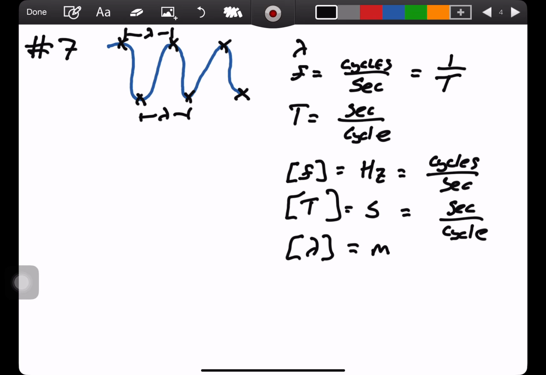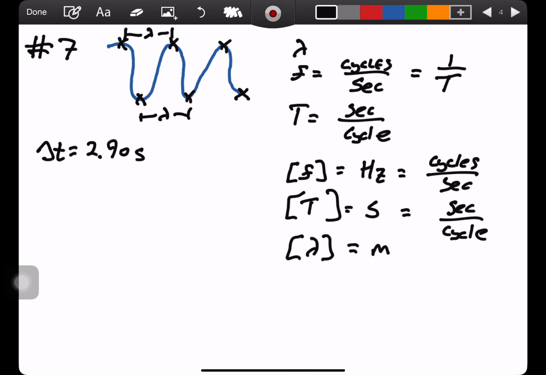So in this problem, we are told that there's a fisherman and the fisherman's boat is going up and down, and the key here is periodically. That tells us it's a wave. And so it turns out that we have delta t equal to 2.90 seconds for the boat to go from its highest to its lowest.